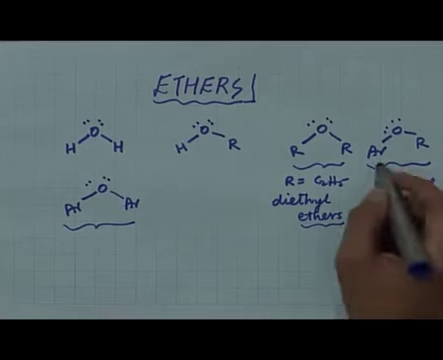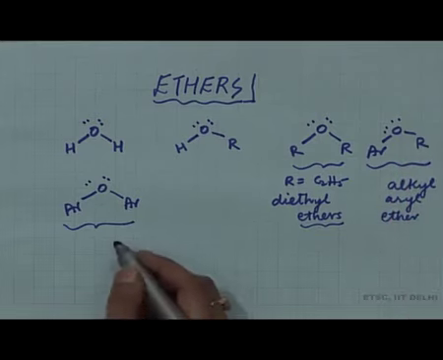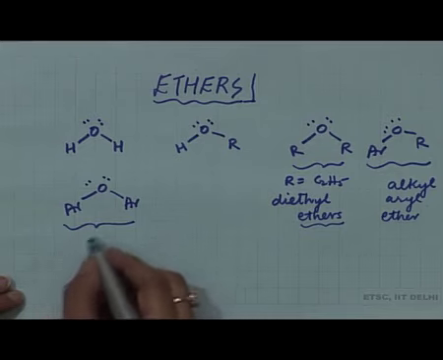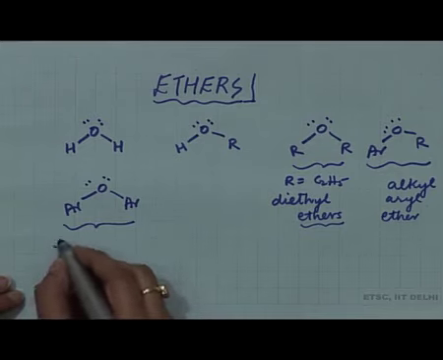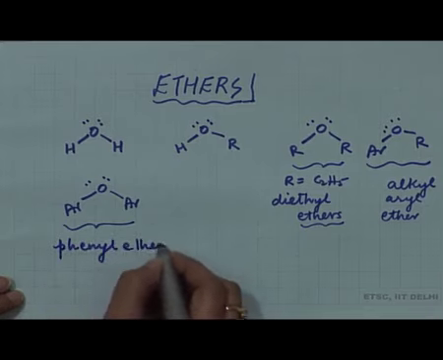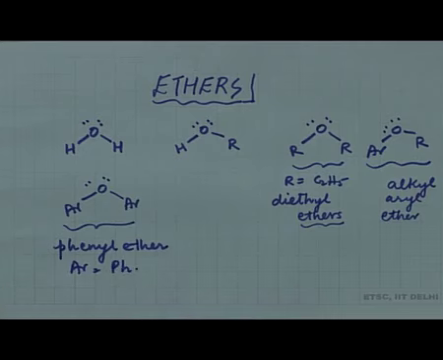So, you can have a phenyl ethyl ether or a phenyl methyl ether, which is called anisole, and if both are aryl groups, it becomes a diaryl ether, or a diphenyl ether if both aryls are phenyl groups. You call it phenyl ether.